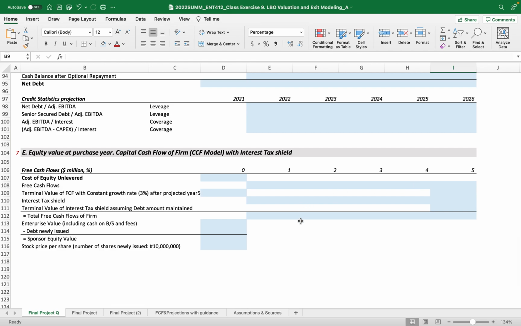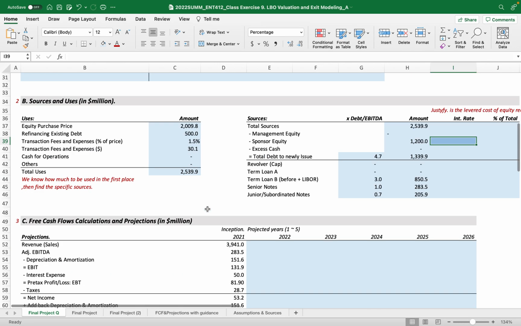Again, this company has debt, but we are using the cost of equity unlevered because the total free cash flow of the firm is calculated assuming it is not affected by changes of the debt capital, right? So here is the total source, then the sponsor equity. Now let's assume 50%, but you definitely have to justify how this 50% works.